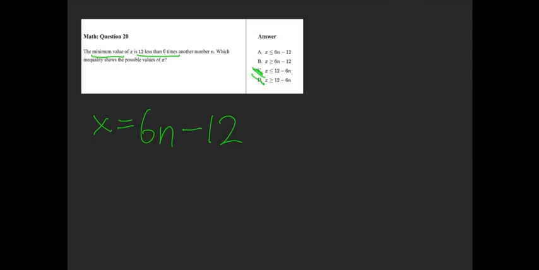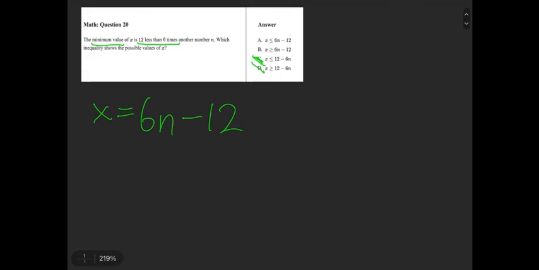Now, for our next step, we have to use the correct inequality to show that the minimum value of x is this. What do we mean by the minimum value of x is 6n minus 12? That means x has to be at least this number.